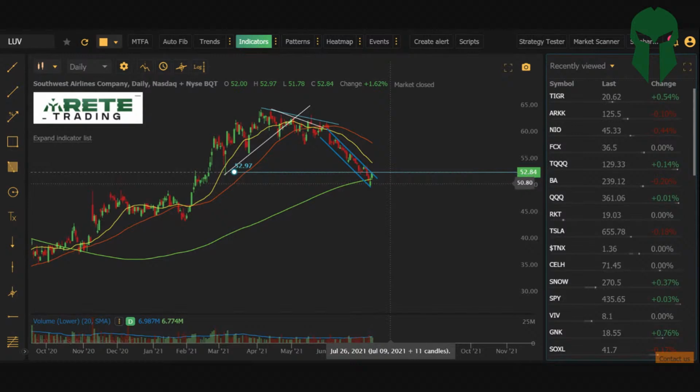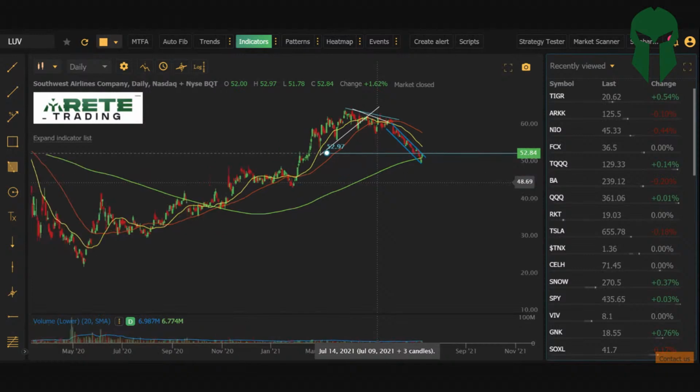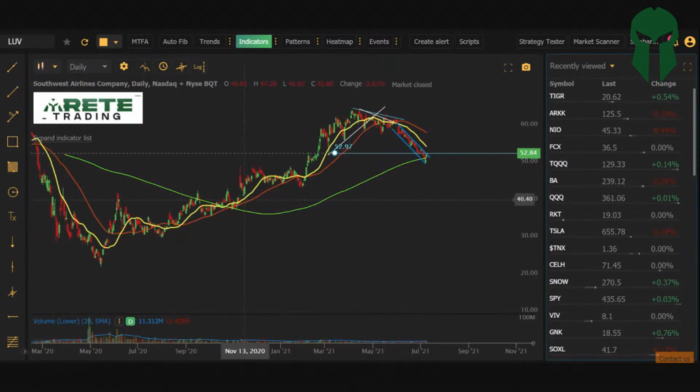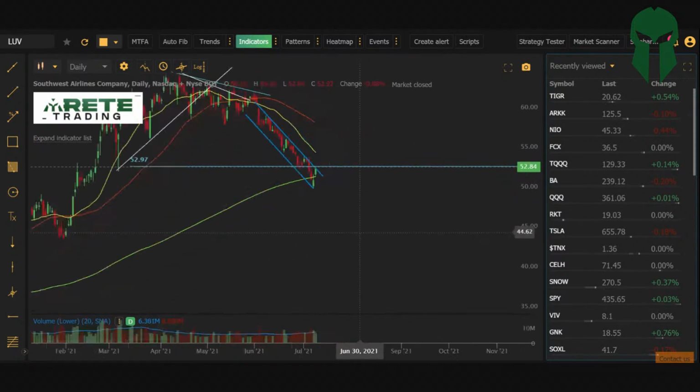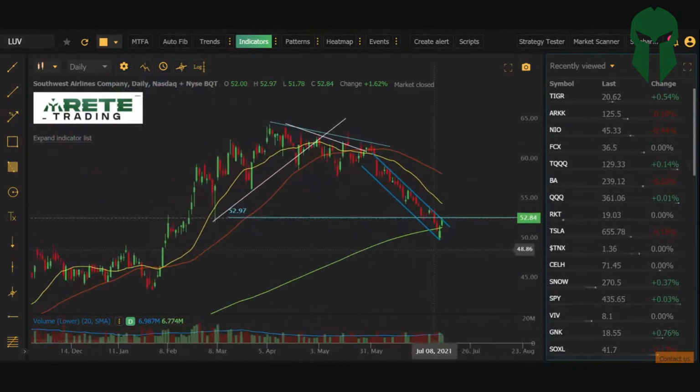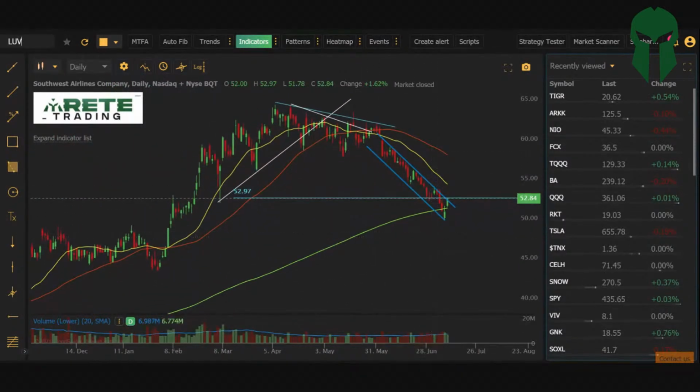I would argue it shouldn't really break the 200-day with everything that's going on, and we're seeing a bounce in smaller cap names. So this should have a nice bounce to it. I like this idea. I think this is very interesting.